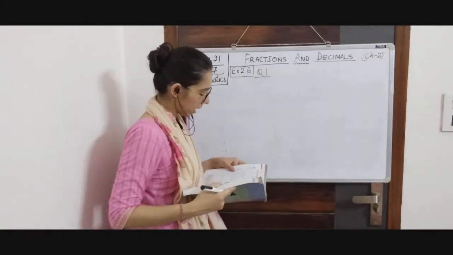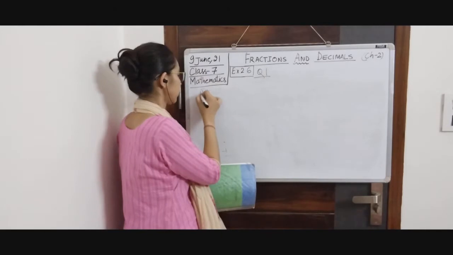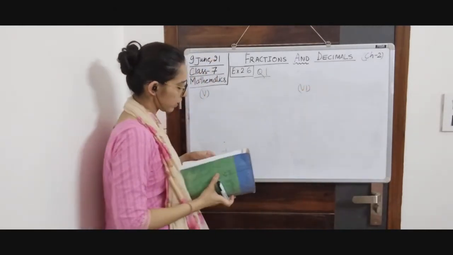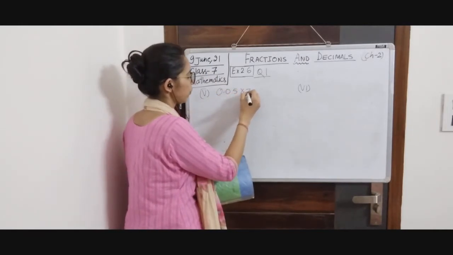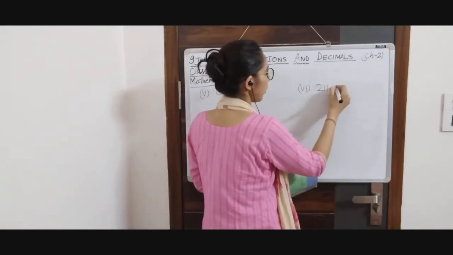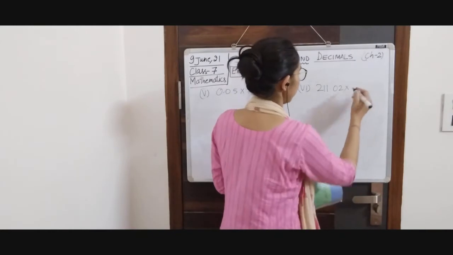We will do 2 parts, the 5th and the 6th. The 5th part is 0.05 into 7, and the 6th part is 211.02 into 4.